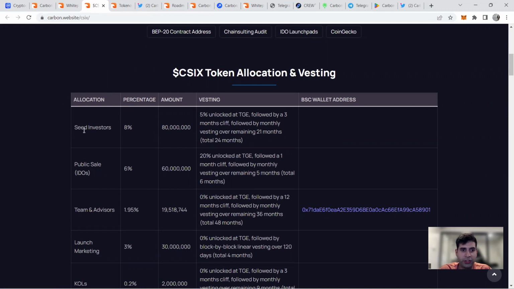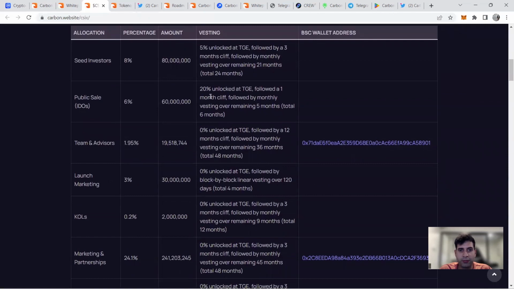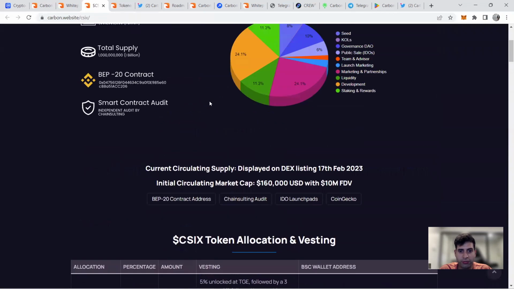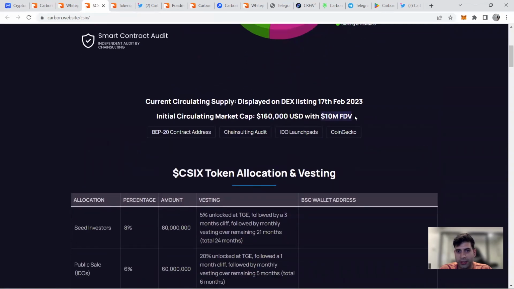So the valuation for the seed investors is 7.5 million with a 5% unlock on TGE plus a 3 month cliff, and after that a 24 month unlock. The public sale will purchase the token at a valuation of $10 million, which is the initial market cap, fully diluted value.